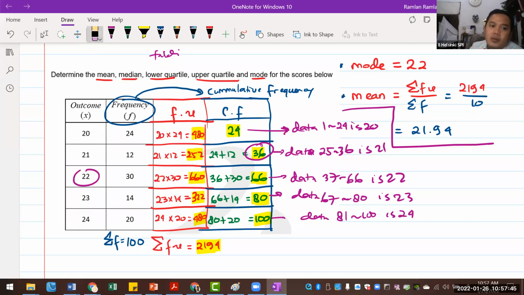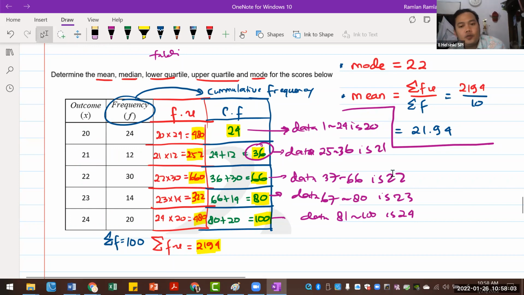Okay, so again, we really need to understand how to read the table. If we know how to read it, now we can determine where's the median, where's the lower quartile, and where's the upper quartile. And then we can see that we have 100 data.